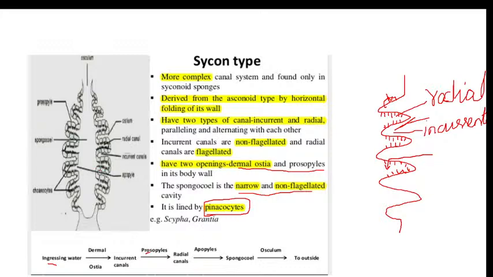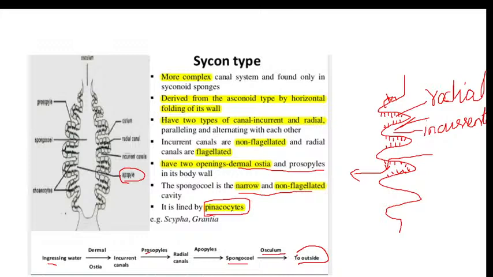These are the openings. Here you can see the apopiles. Apopiles are the radial canals' openings. From the apopiles the water reaches the spongocoel, and from the spongocoel the water moves out through the osculum towards the outside.